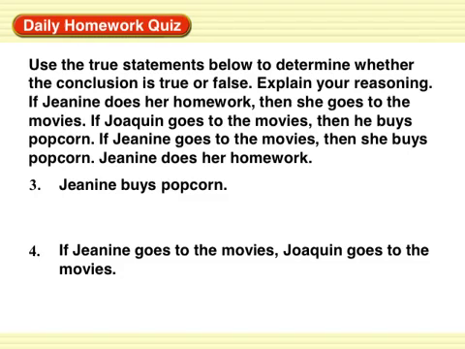Janine does her homework. I think we have way too much information in this paragraph. So Janine does her homework is the first hypothesis. Therefore, Janine buys popcorn. Oops, that should be in green. Hold on.